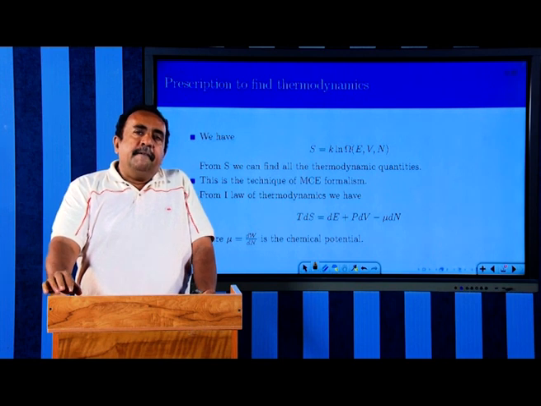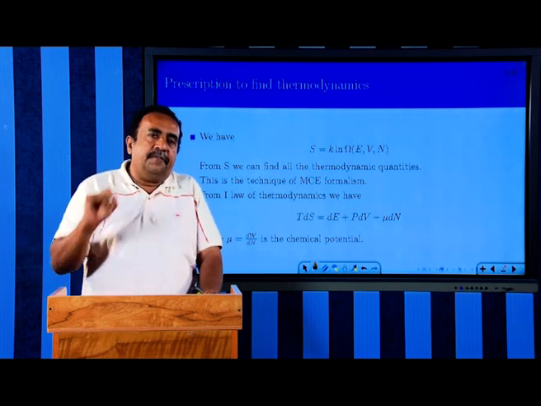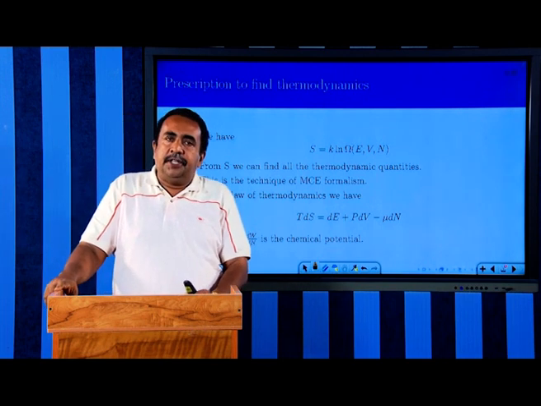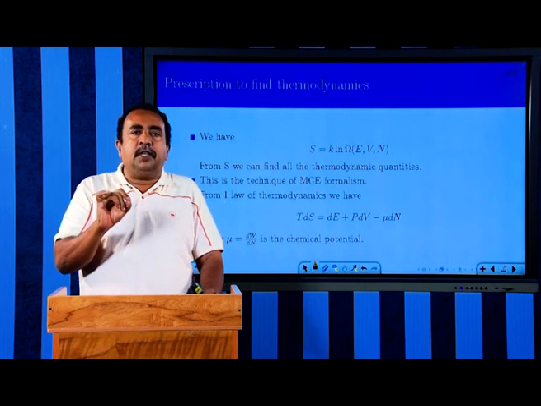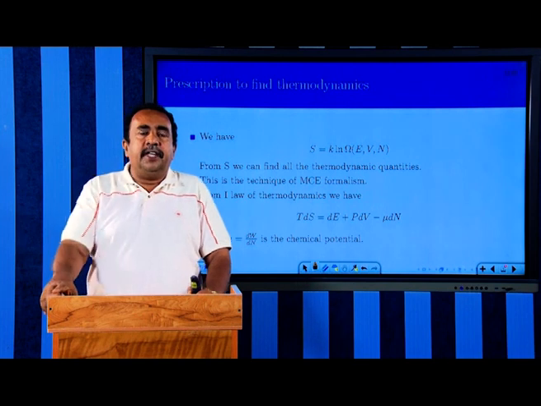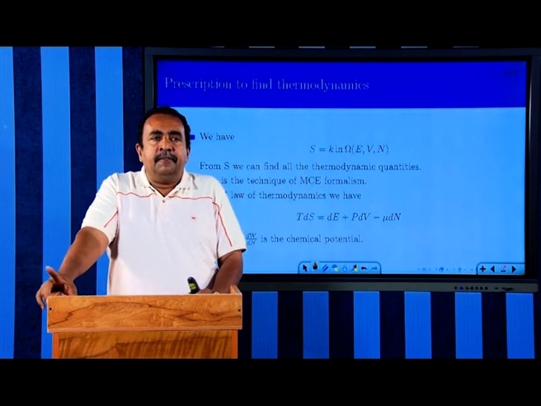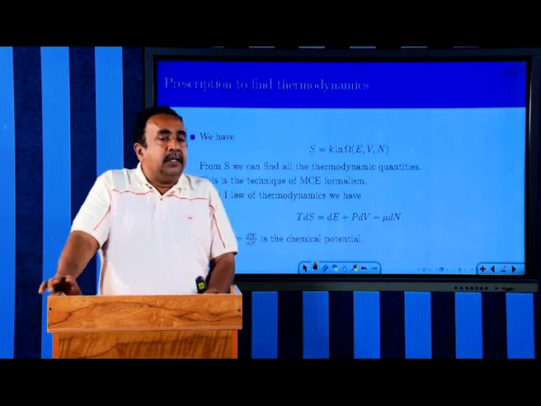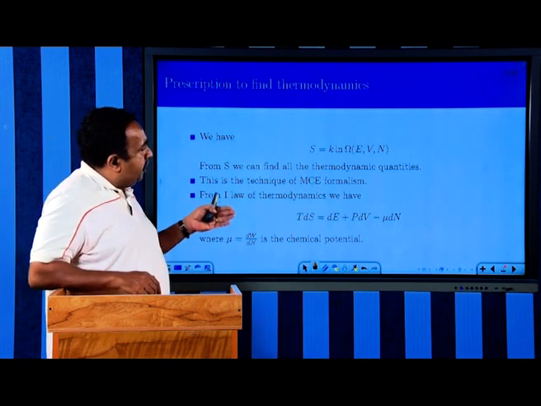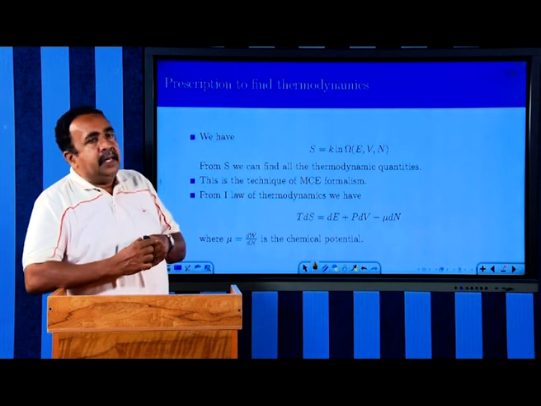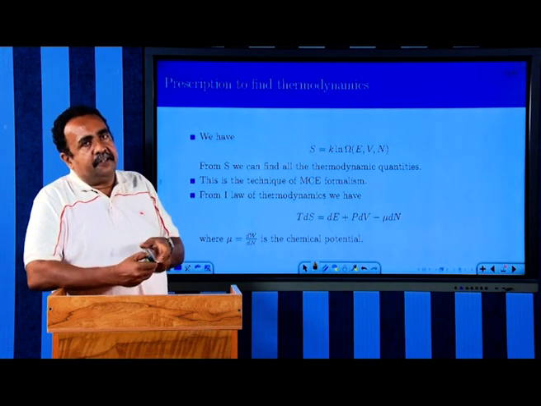Therefore, when you substitute the Clausius equation for entropy, that is dS is equal to delta Q divided by T, I will get delta Q is equal to TdS. Therefore, TdS is equal to dE plus PdV minus mu dN. This equation is known as the first law of thermodynamics.